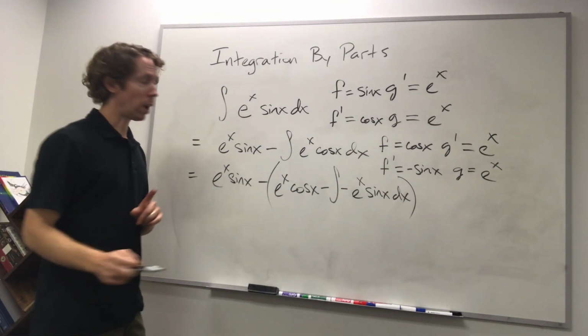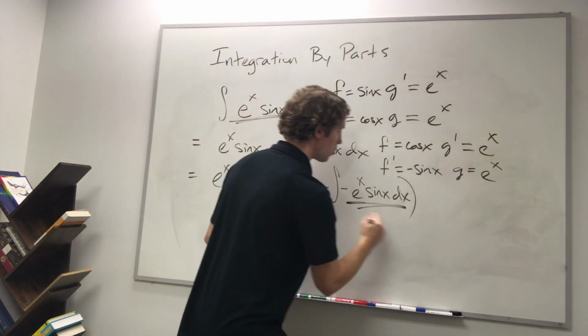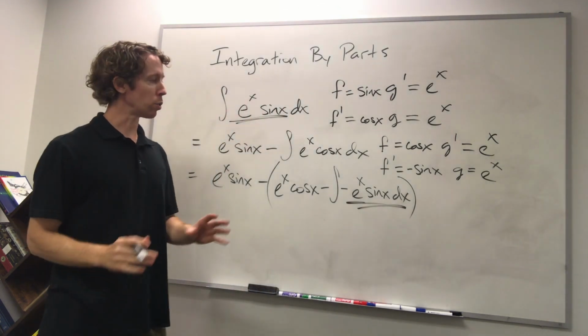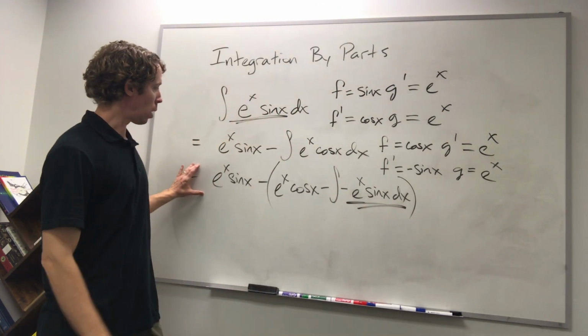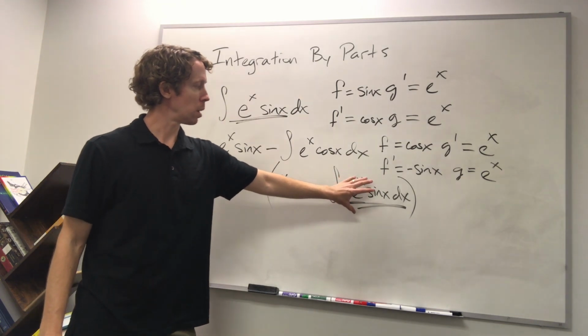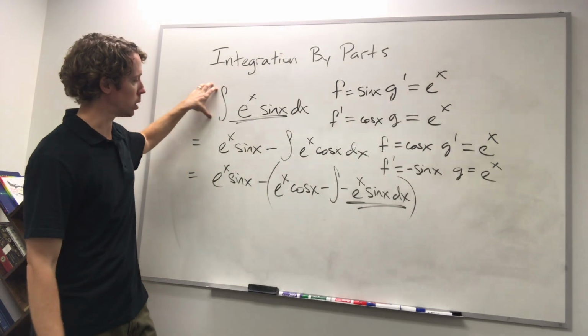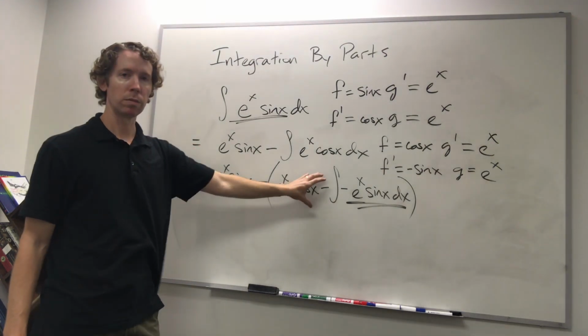And now, what I mentioned would happen is that this integral will show up again. That's really useful because now when I simplify the right-hand side of the equation, I'm going to be able to move this over to the other side and combine it with this one and then solve.